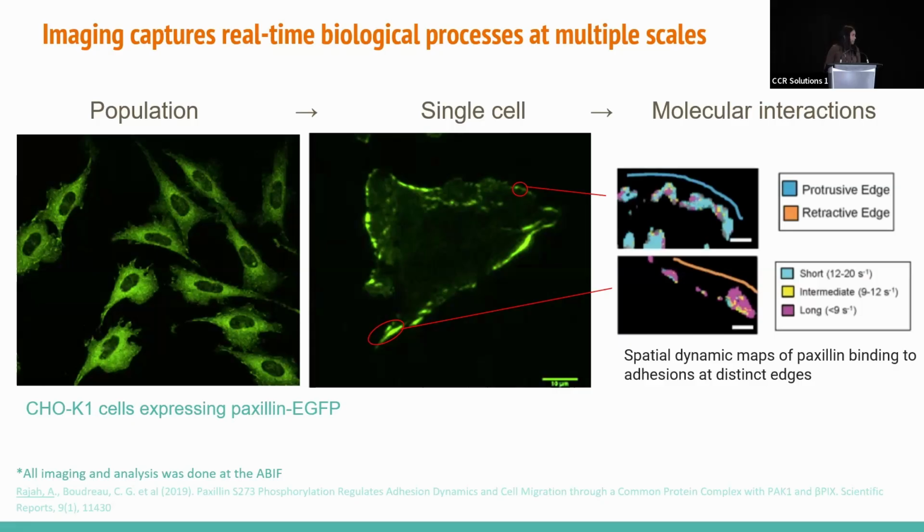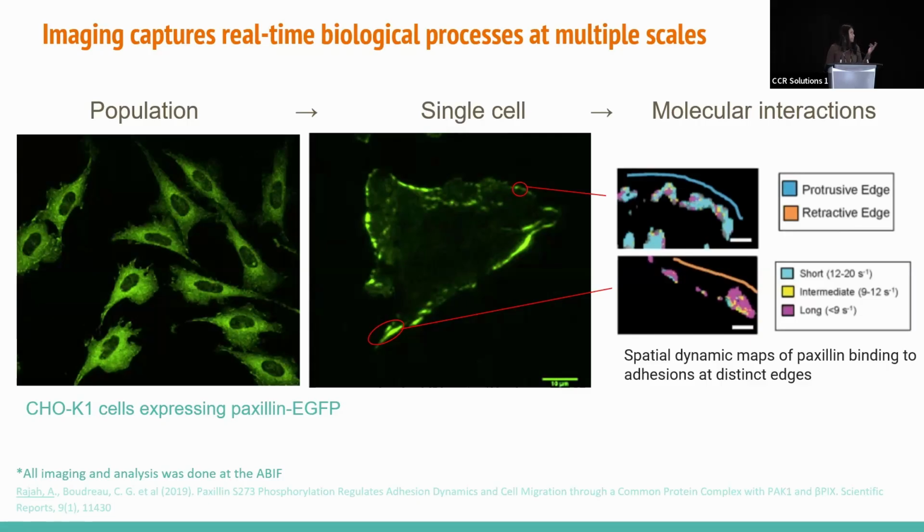So in this paper, we found that during cell migration, adhesions at the protrusive and retractive edges have different rates of the protein paxillin binding at the adhesions, and we also found that it was regulated by the phosphorylation state of paxillin.